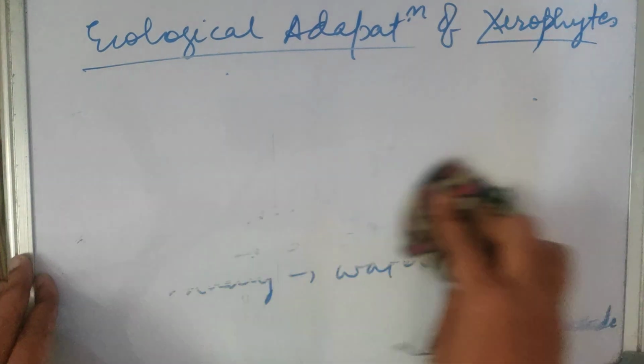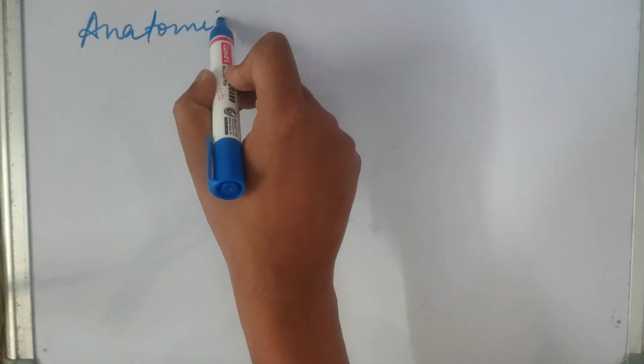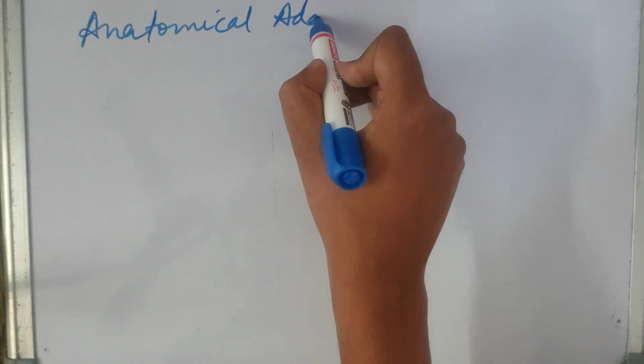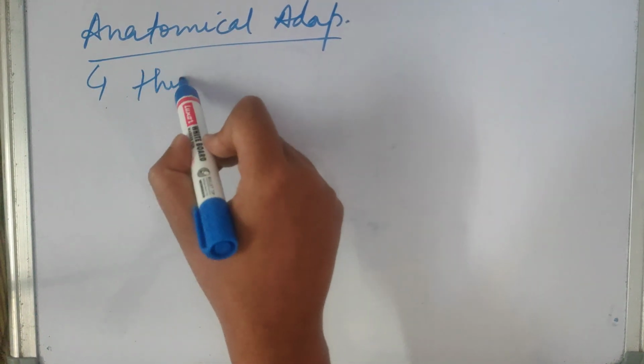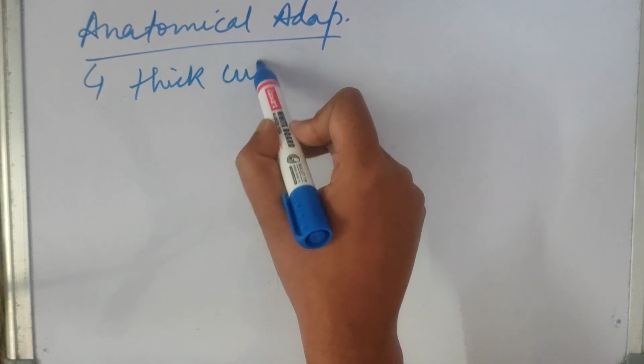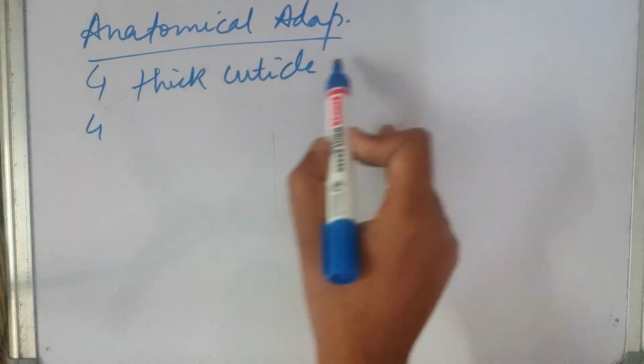Now moving on to anatomical adaptations. We can see presence of thick cuticle on leaf and stem epidermis.